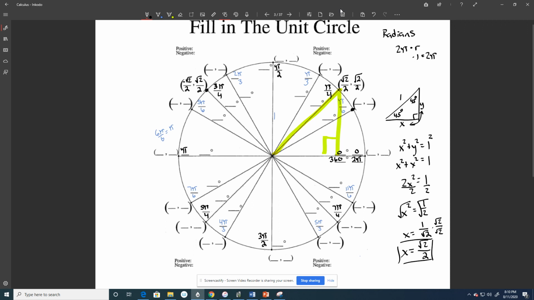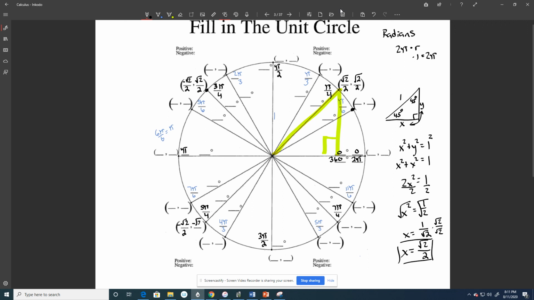Now I want to do the same thing, but let's look at my angle between 180 and 270. So instead of going to the right root 2 over 2, again, I'm going to the left root 2 over 2. So that distance is still the same because that triangle is the same. But this time I'm going down.